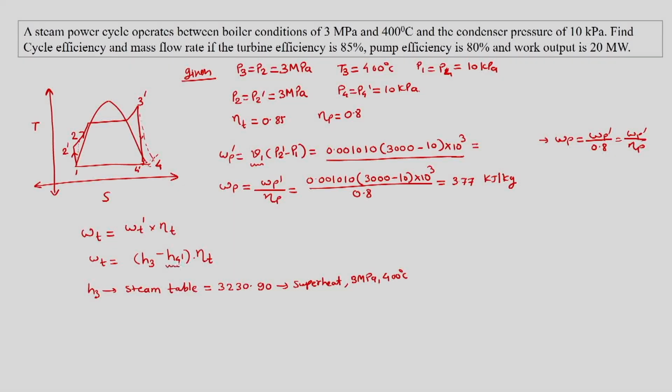Now we need to find out H4 dash, but H4 dash is inside the dome, so we don't know the wetness or the dryness fraction. For that, S3 is equal to S4 dash.